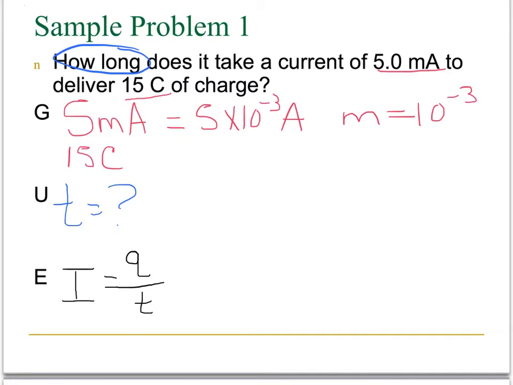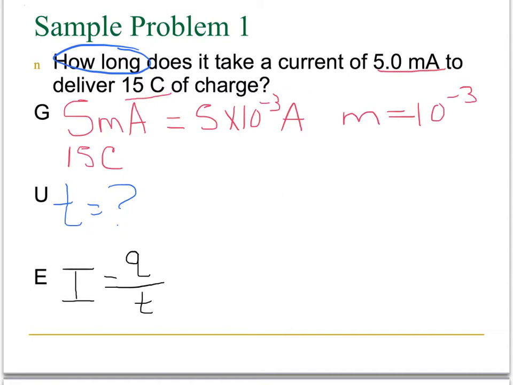But something's missing. I have this equation here, but how do I know which number goes in which spot? What we need to do is look at our units, and based on our units, determine which quantities these given numbers belong to. If we have amperes, that is the unit for current.